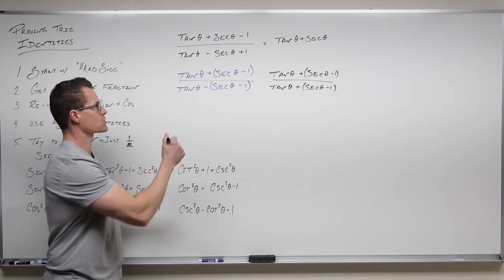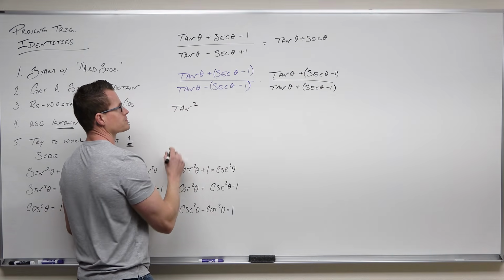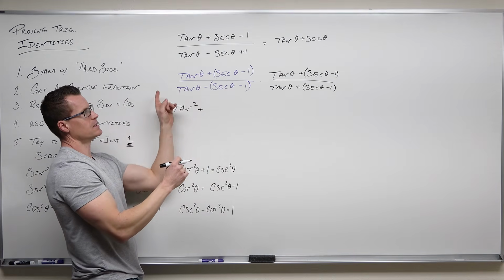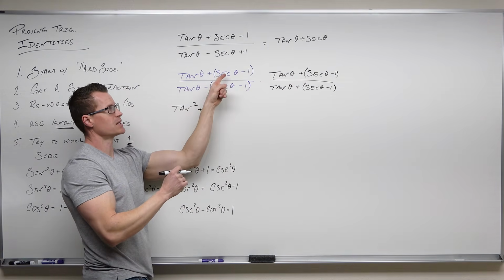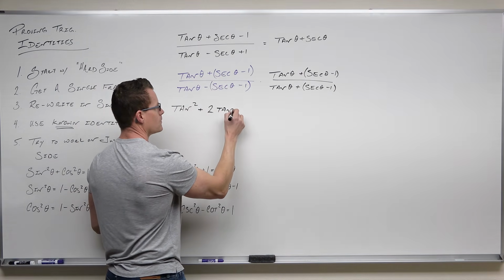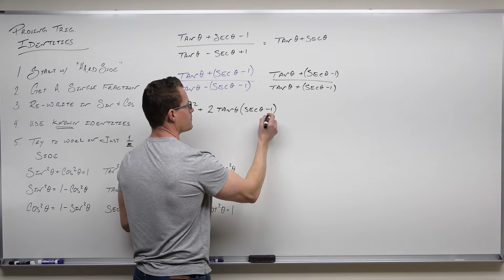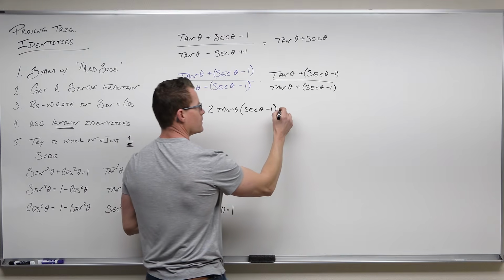We're going to get tangent squared plus, let's see, tangent times secant theta minus 1, tangent times secant theta minus 1, so that's 2 tangent times secant theta minus 1, and then plus secant theta minus 1 squared.